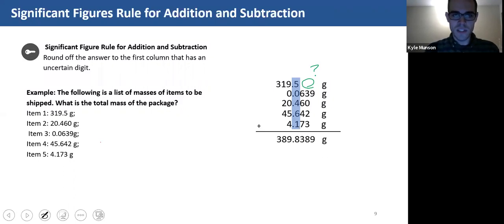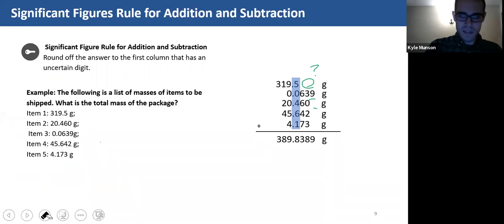I have uncertainty in those columns, if you will. So you can think about it this way: this number 9 plus whatever number is here, which I don't know, equals, I don't know. I have no idea what it is. I'm uncertain about it. So our rule for addition and subtraction says that I round off the answer to the first column that has an uncertain digit.